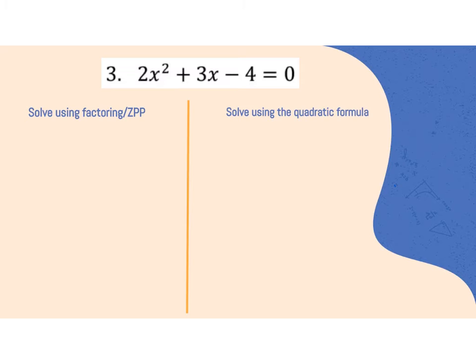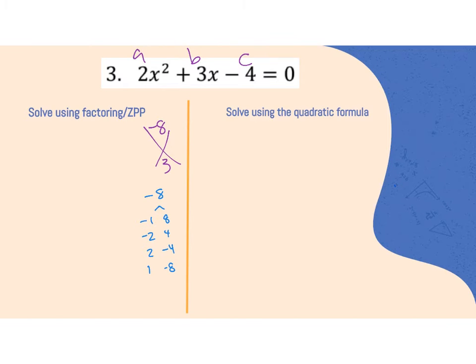So if I'm going to try the factoring method, this is my a, this is my b, this is my c, I'd have a top number, a times c, of negative 8, and then a bottom number, the middle term, 3. If I think about the things that multiply to negative 8, I'm looking at negative 1 and 8, I'm looking at negative 2 and 4, I'm looking at 2 and negative 4, and I'm looking at 1 and negative 8.